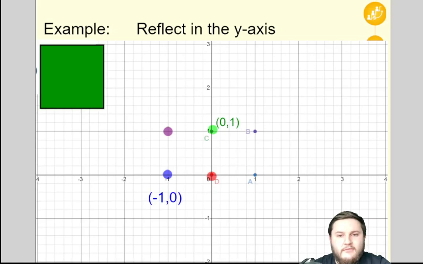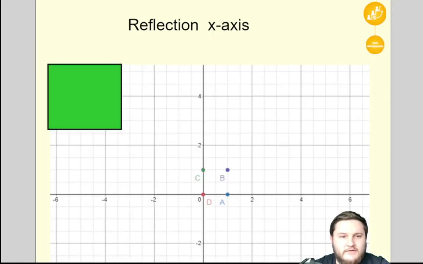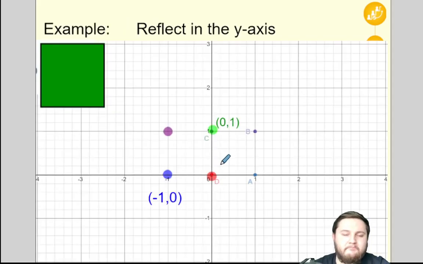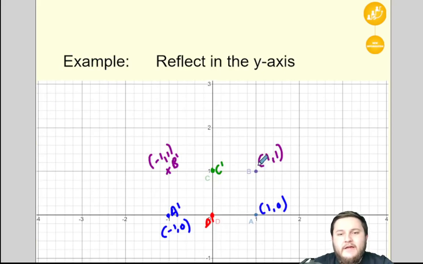I'm just checking my slides. No, that's the x-axis. So here, if I flick back to the first one I had, these coordinates have changed, but you'll notice the y-coordinate never changes in these transformations. The y-coordinate does not change, right?